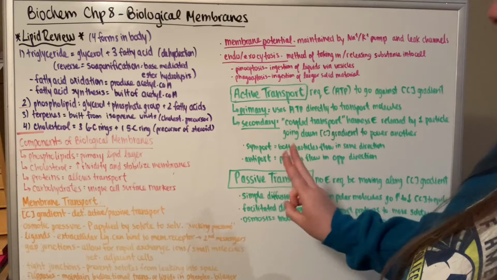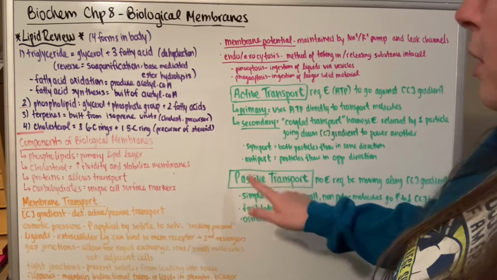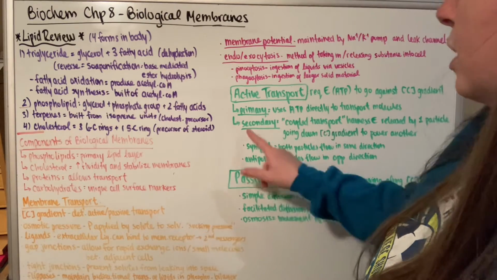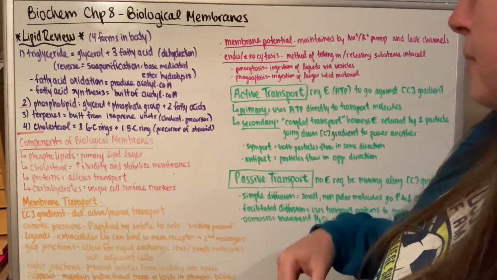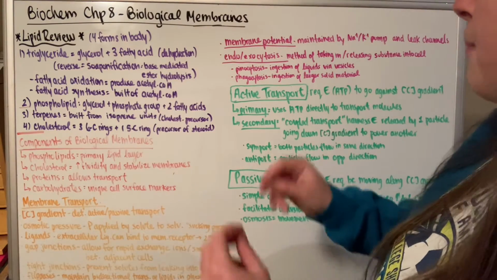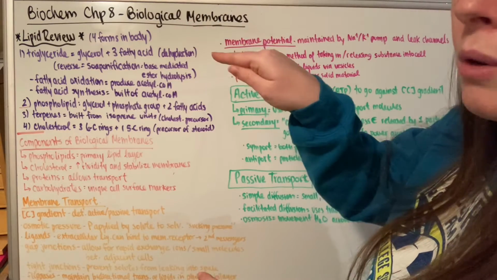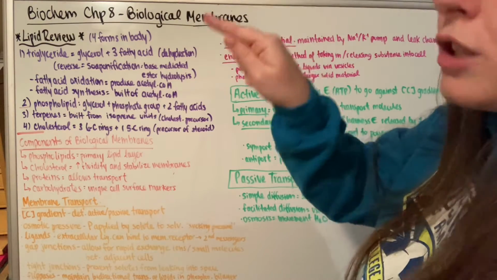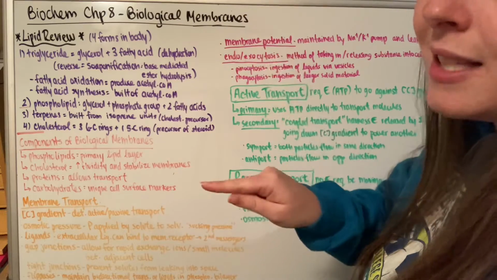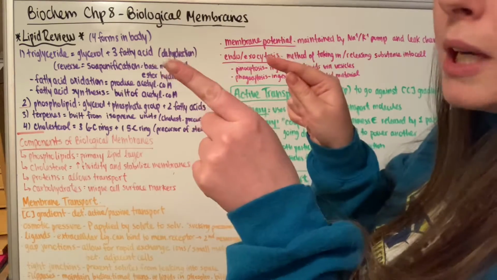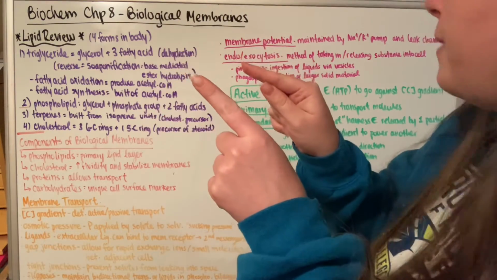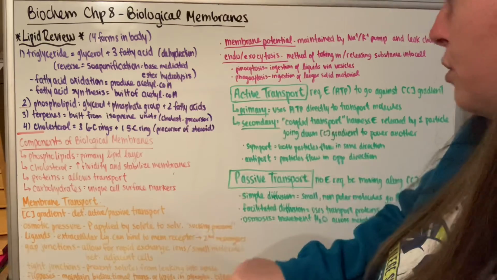Another two important things about this, you have symport or antiport. So symport is during the secondary coupled transportation. Symport is when both particles are flowing in the same direction. So you have this molecule here that wants to go along its concentration gradient, and as it does that, the energy harnessed by that is also bringing another particle in the same direction.